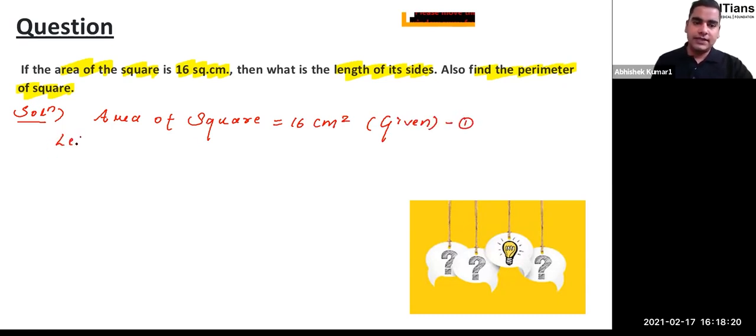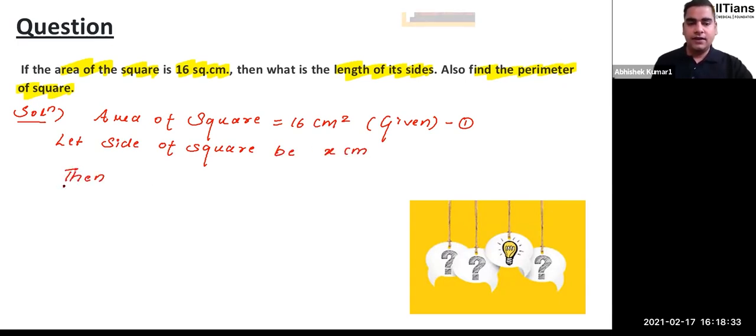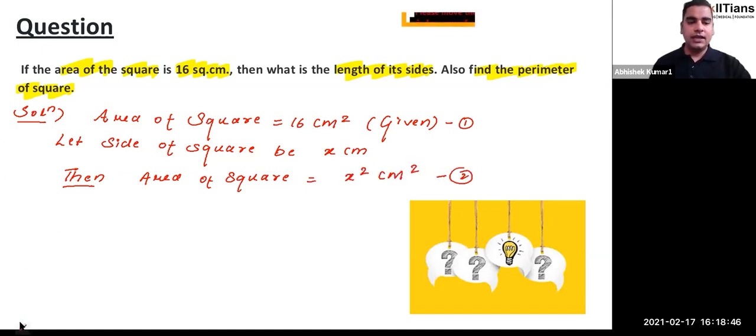Let us assume the side of the square be x centimeter. Then in terms of x, the area of the square will be x square centimeter square, right?